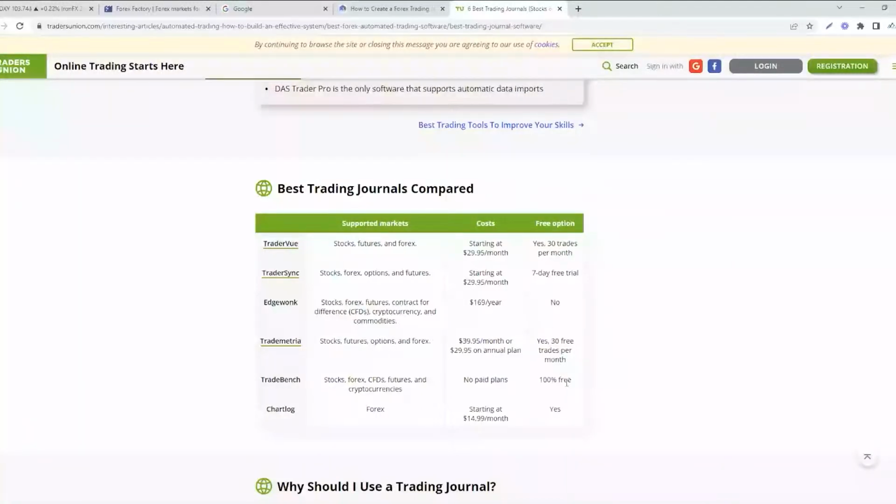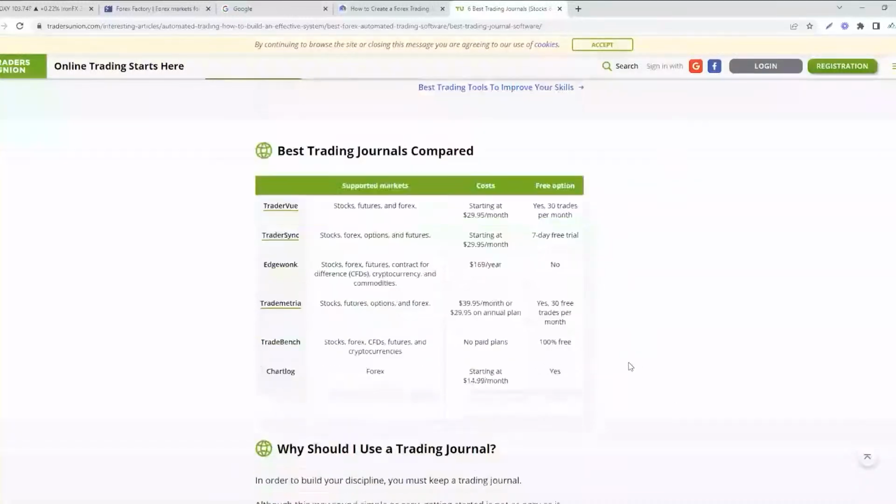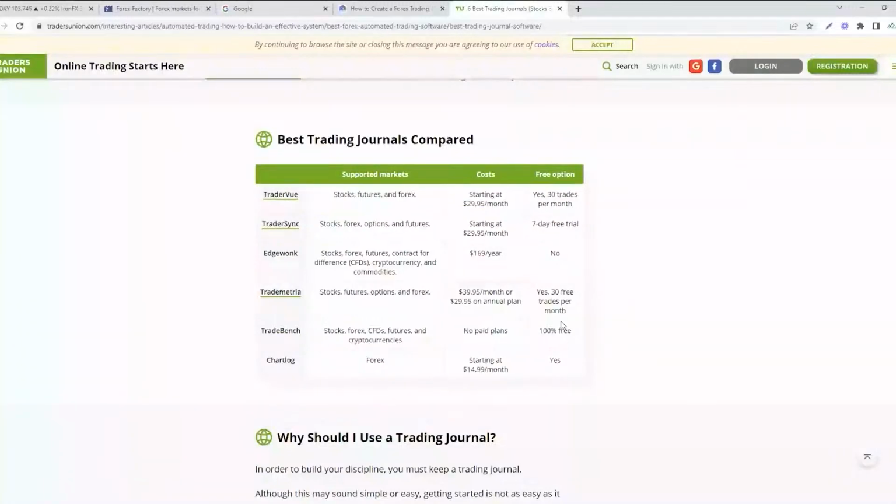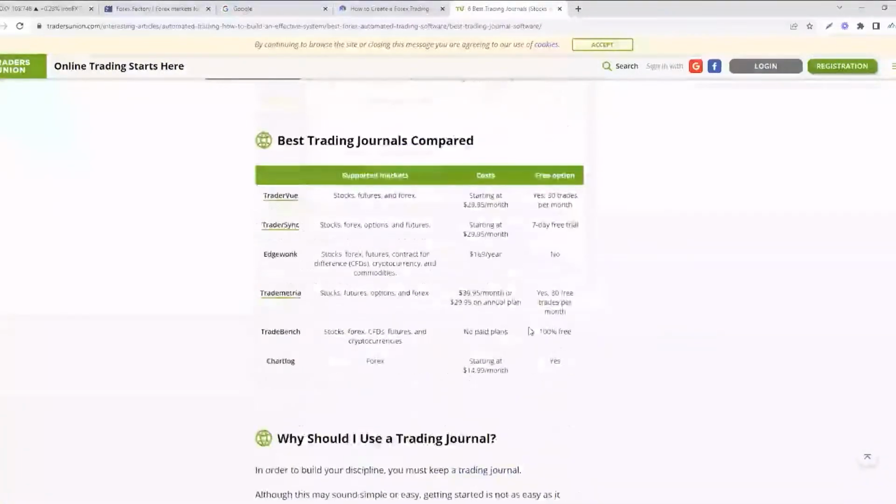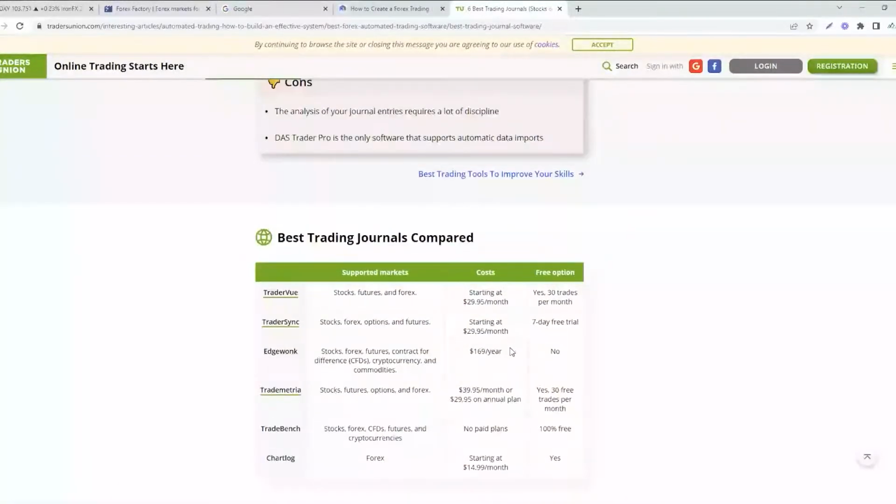So you can even start off with a free option. If you have less than 30 trades per month, for example if you're using TraderView, then this is pretty much a free trading journal for you to use. And Trade Bench is basically 100% free. Like I said, I'm not promoting any of these trading journals. It's just something I Googled, and I saw this website reviewing certain journals, and I found it pretty useful.